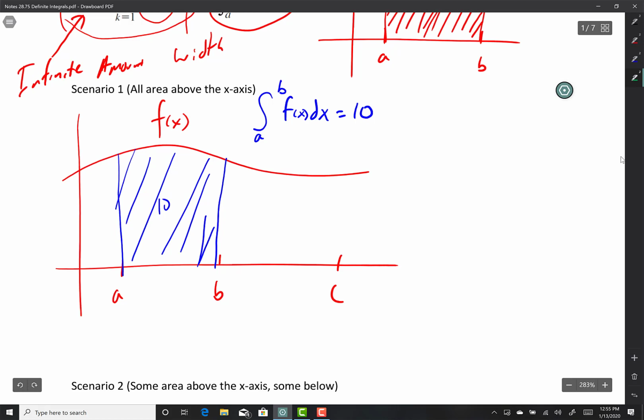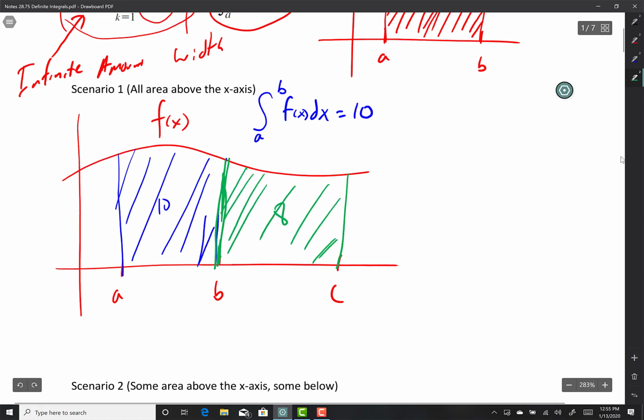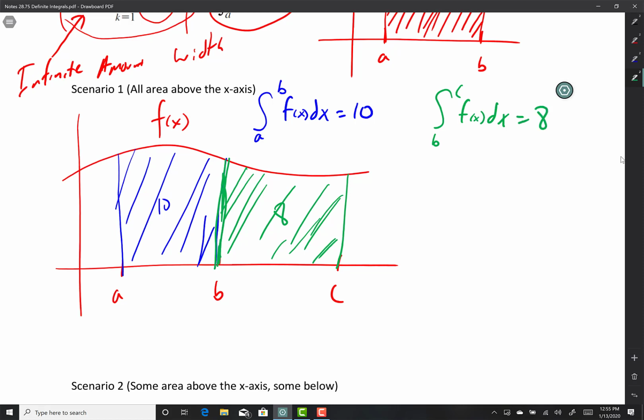And then I'm going to use green. The area from B to C, I'm going to say that's 8. So the integral from B to C of f of x dx is 8. Nothing crazy, right, guys?